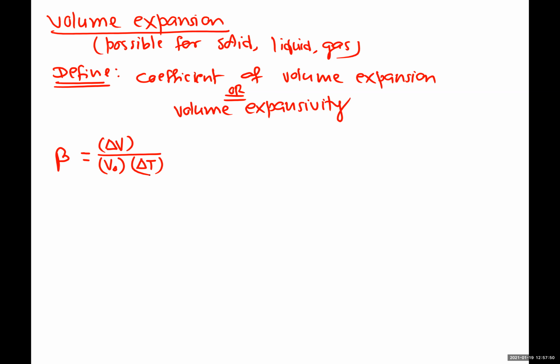Here we start with some object. Say we have this bigger object with volume V naught.